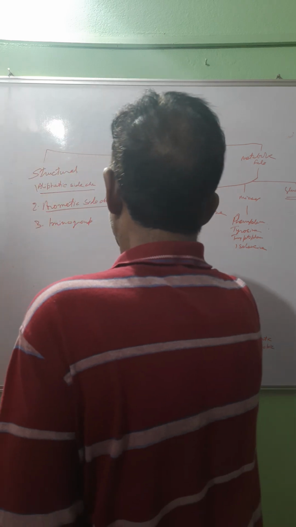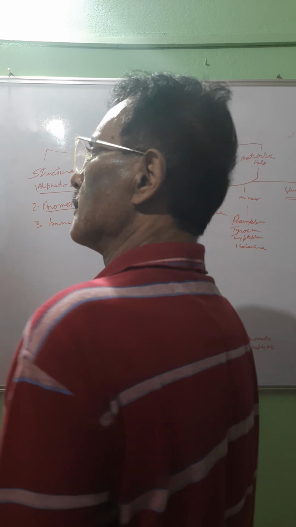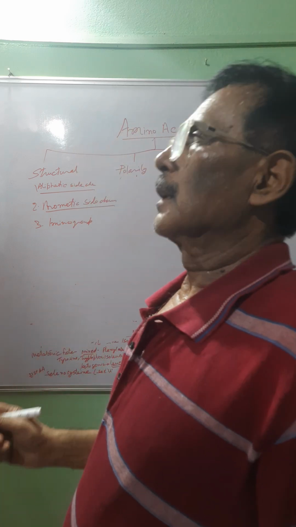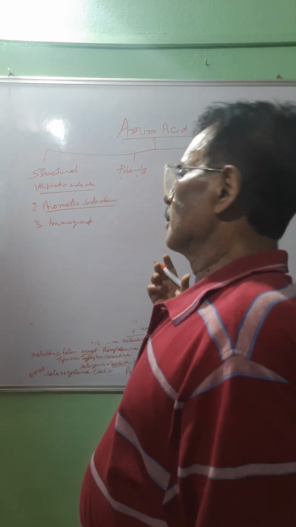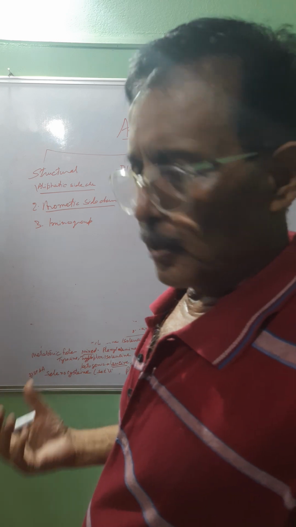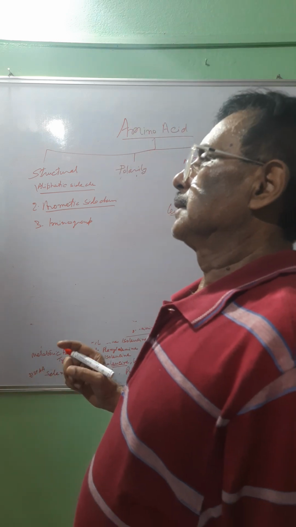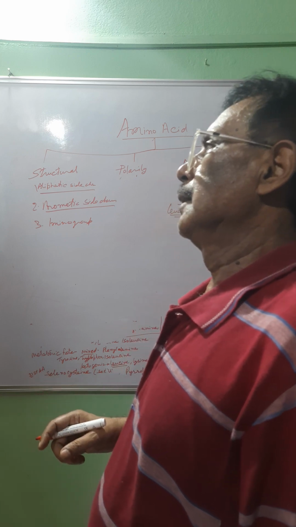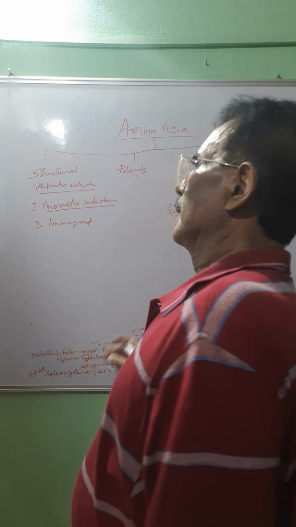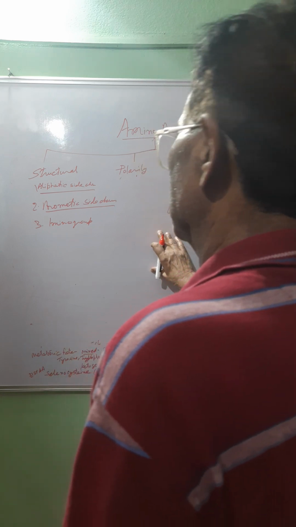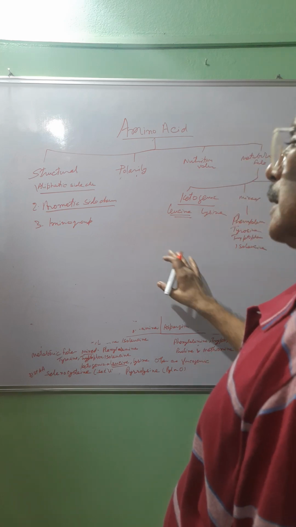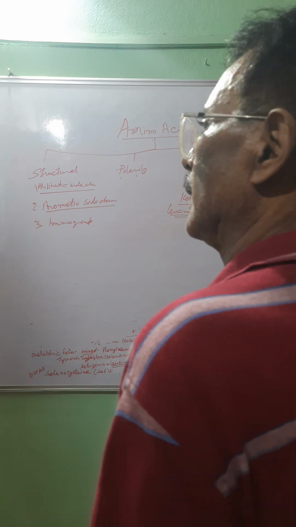Then functions of amino acid. Amino acids are essential for formation of proteins. For example, tyrosine is essential for thyroxine, melanin, epinephrine, norepinephrine, and dopa. Glycine is essential for heme. Glutamic acid is for GABA.